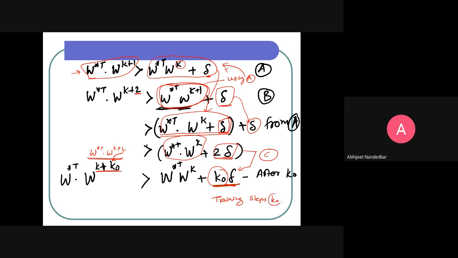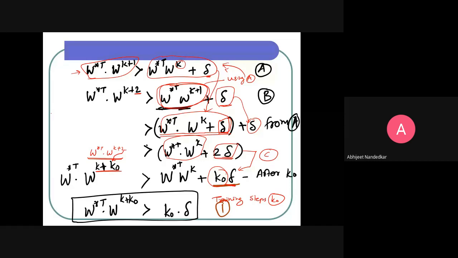K0 such training steps. So finally, write down this equation number 1, which says W star transpose W(K plus K0) is greater than K0 into delta.